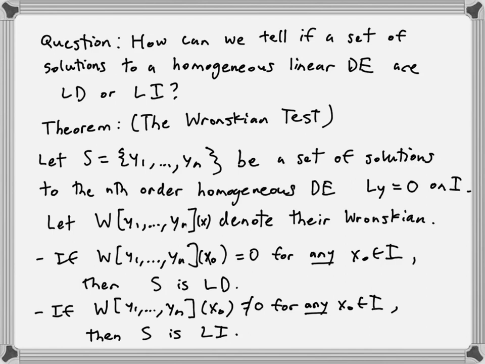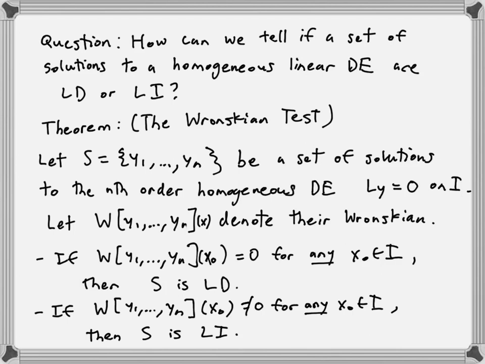Okay, so super important theorem. This is saying that if the Wronskian is 0 anywhere, then it's linearly dependent. And if the Wronskian's not 0 anywhere, then that means it's linearly independent.